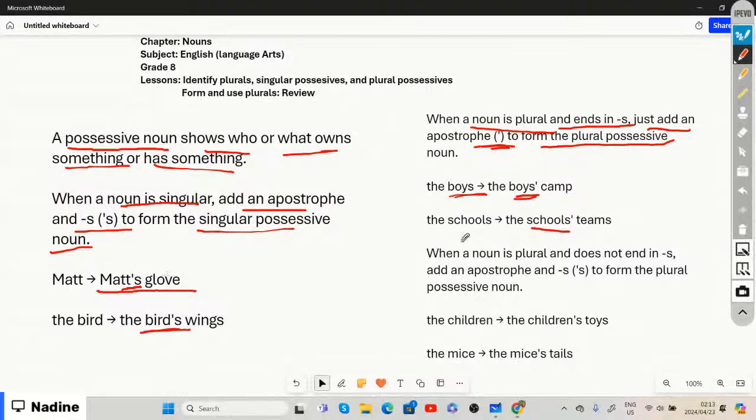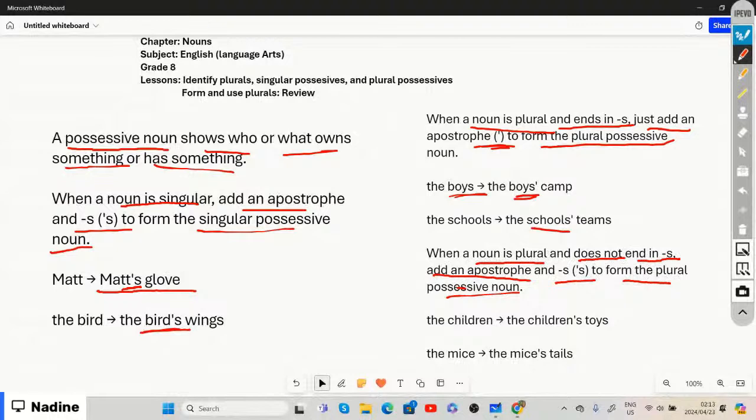But also when a noun is plural and it does not end in S, then we add an apostrophe and an S to form the plural possessive. That is when we have the irregular nouns, nouns that are for example like children.